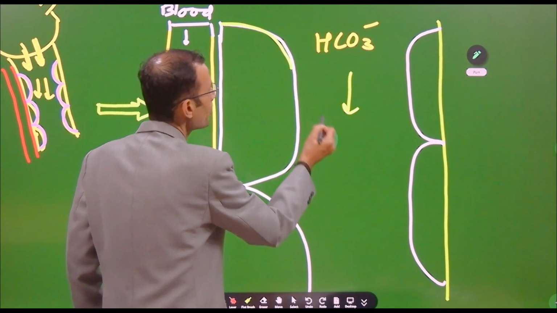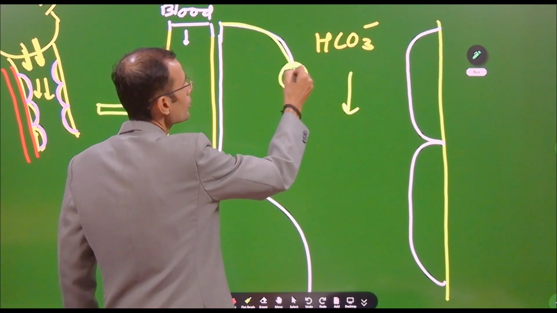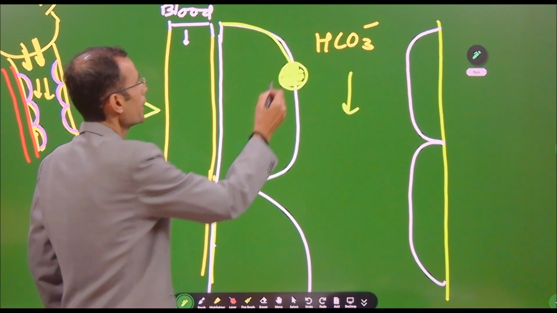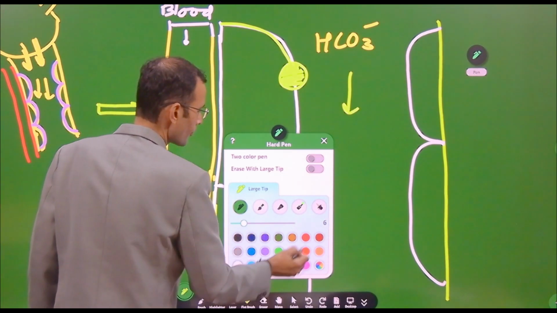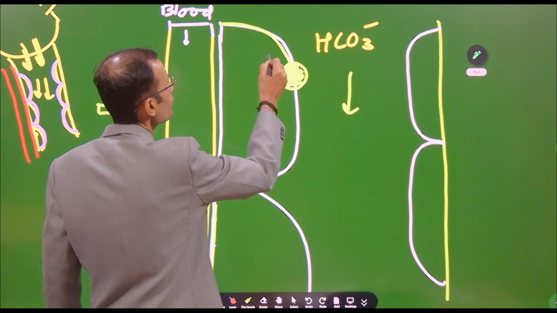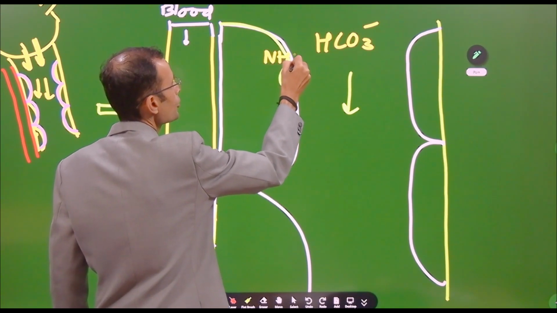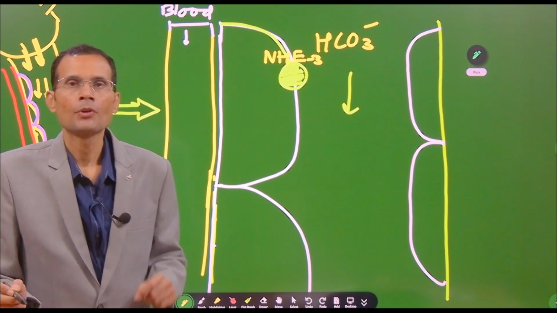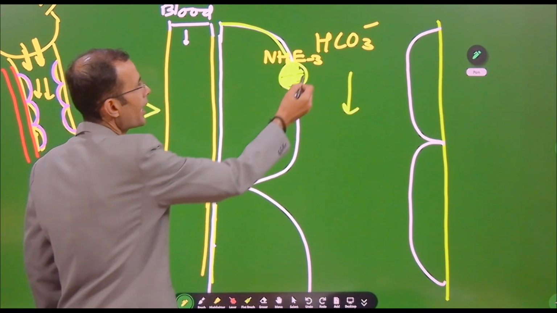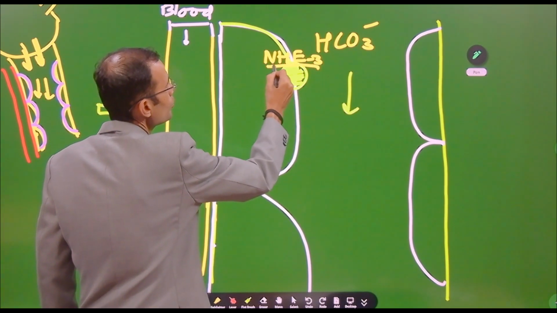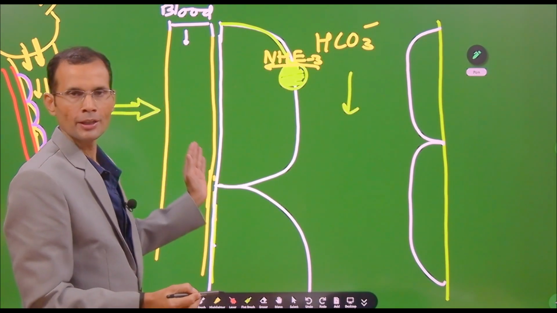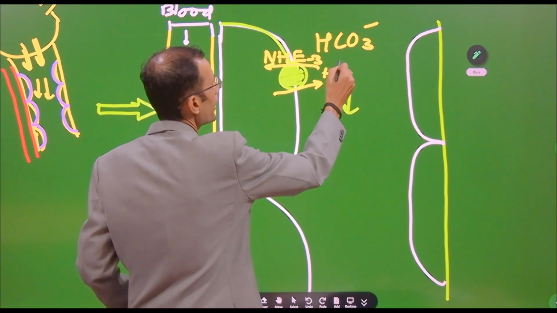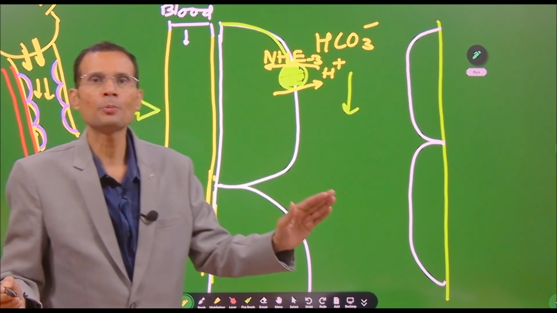In the apical membrane, we have a transporter called NHE3. NHE stands for sodium hydrogen exchanger. What it does is remove the sodium from the lumen, and in exchange it will secrete the H plus into the lumen.